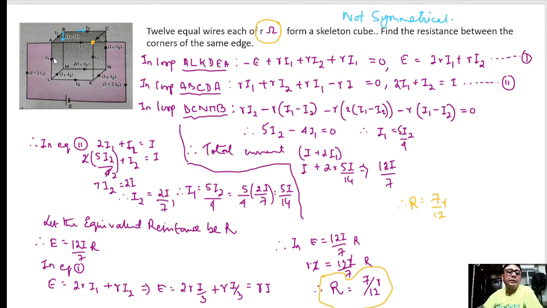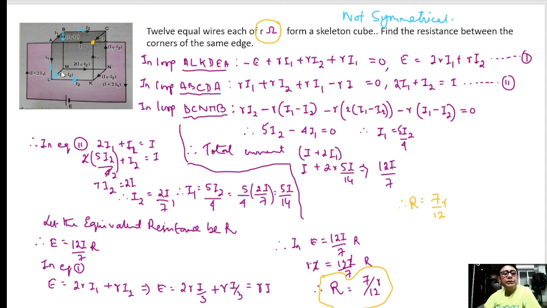Now this is the current I1 coming. Now watch one thing, this is the current I2 on the arm BC. So diagonally opposite is the arm LK. This also should carry the same current. So out of I1, I2 goes on this side, so I1 minus I2 should go on this side.